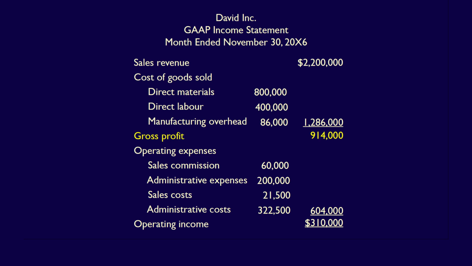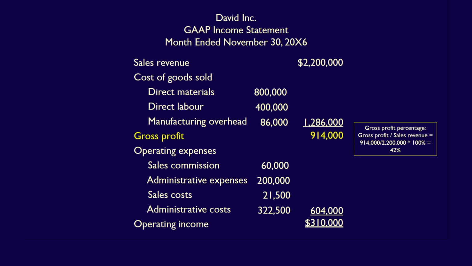The users of the financial statements often use both the gross profit and the gross profit percentage in order to analyze the income statement. The gross profit percentage is calculated as gross profit divided by sales revenue. In this case, the gross profit percentage would be $914,000 divided by $2,200,000 multiplied by 100%, which, rounded, equals 42%.